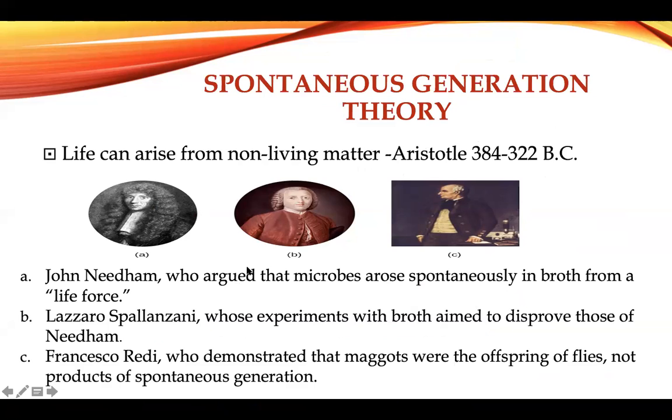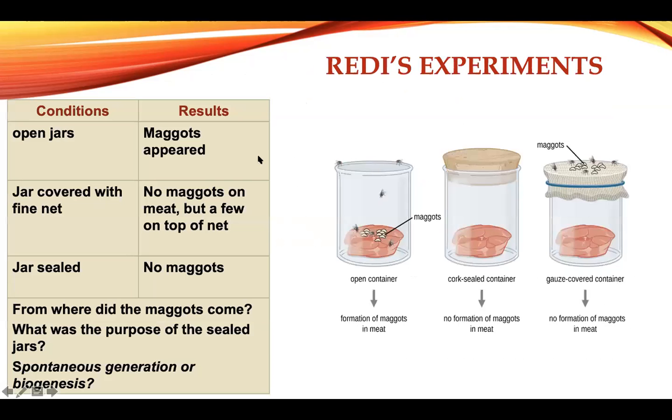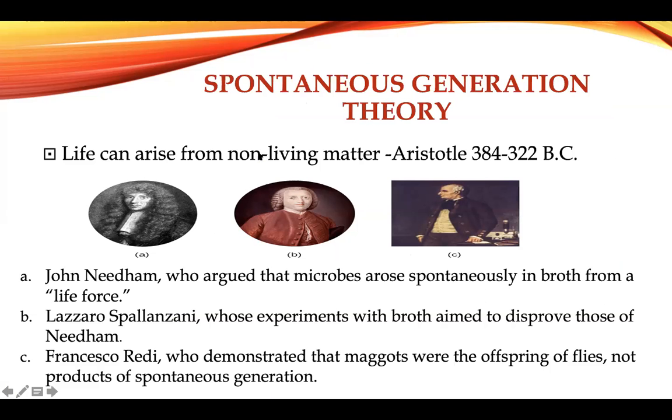Because of the heat or because of the vibe, microbes or cells could originate. So many different concepts were there. One of the famous concepts that went on for a long time was the spontaneous generation theory. Aristotle, the Greek philosopher, actually started that spontaneous generation theory. He proposed it.